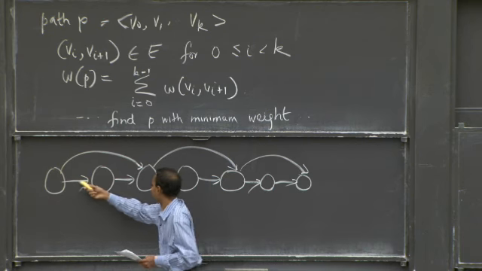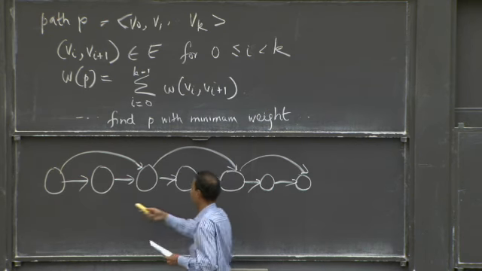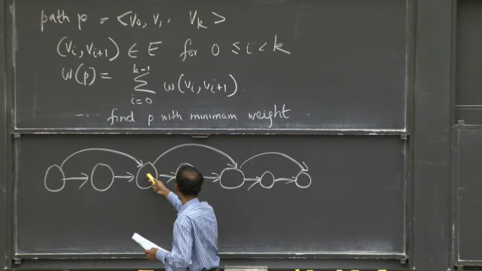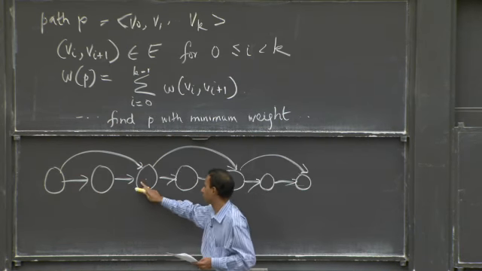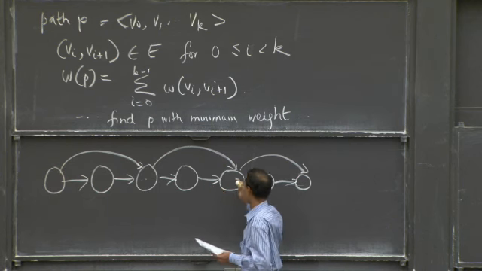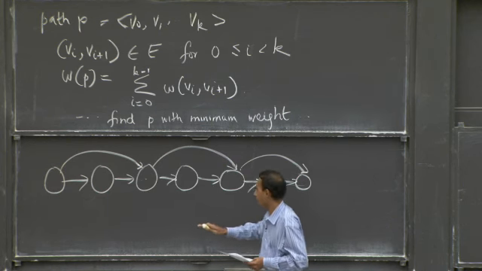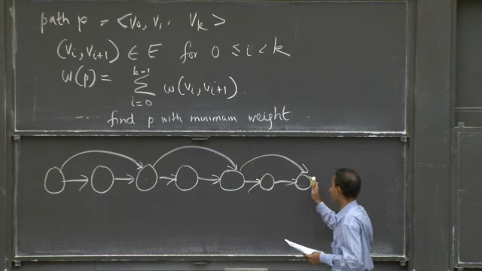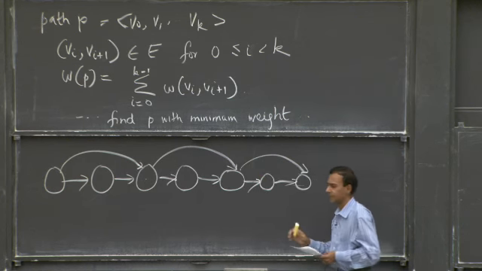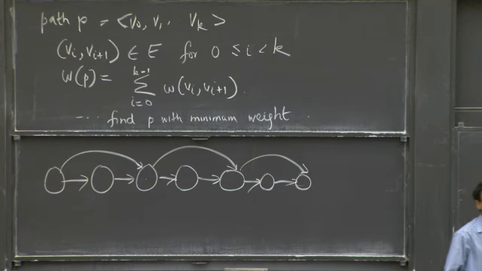Well, you could have the path that goes all the way here, but you could have the path that goes on top and all the way this way. You have basically two choices on getting to this vertex. Then given the two ways you could have of getting to this vertex, you've got 4 ways of getting here, and then you have 8 ways of getting there, so on and so forth. Okay, so there's potentially an exponential number of paths.